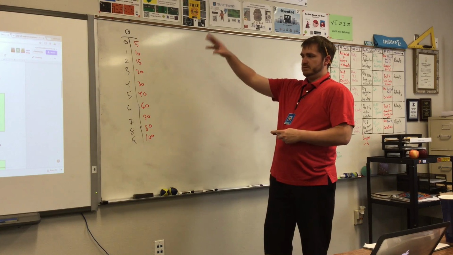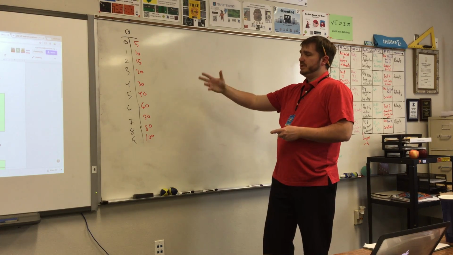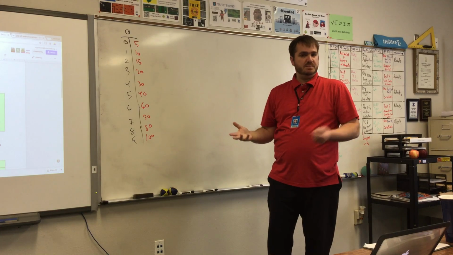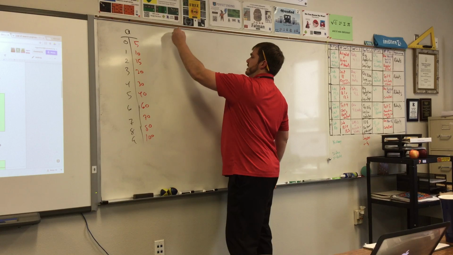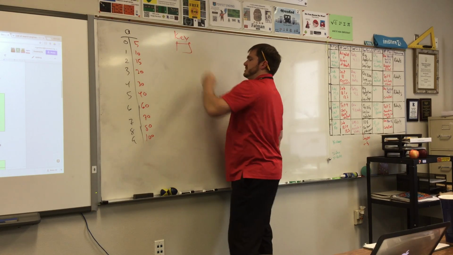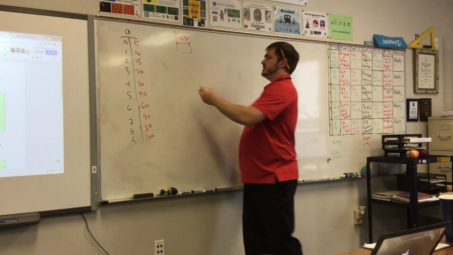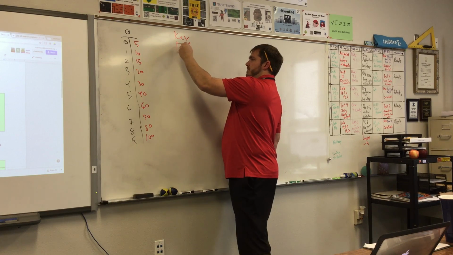So that's our array. I've got them all sorted in this case, but it actually doesn't have to be sorted for you to do a linear search. And then you have your key. That's the value that we're looking for. So let's say we are looking for 30.